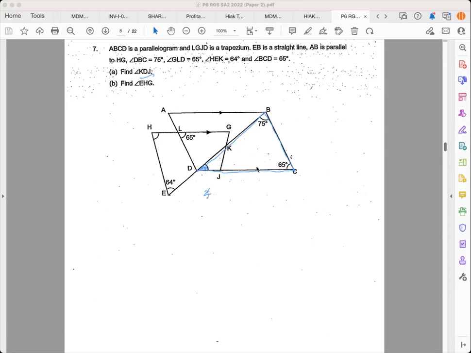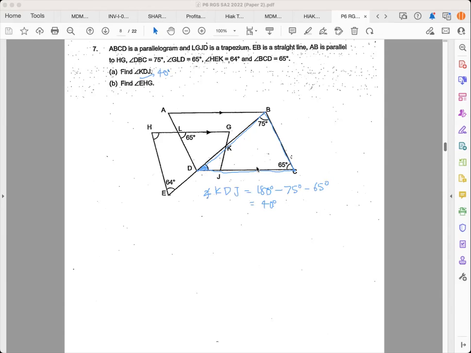So angle KDJ is part of the interior angle of triangle BDC. So 180 degrees minus the other two angles, you get 40 degrees. So there's the part A answer, 40 degrees.